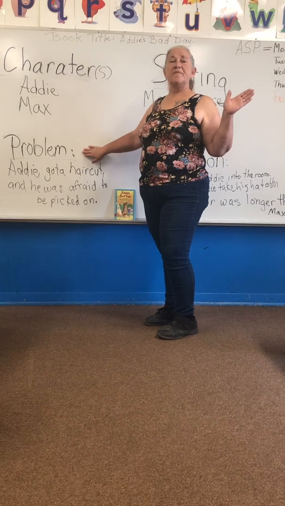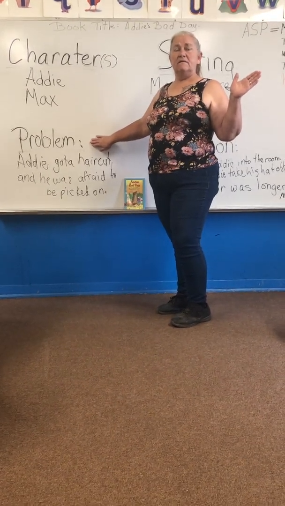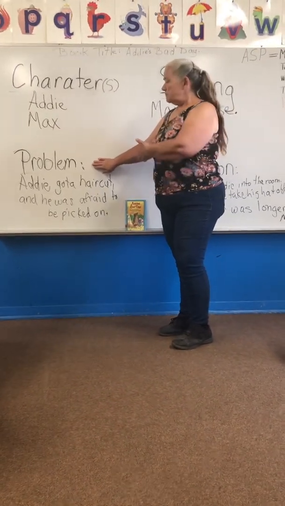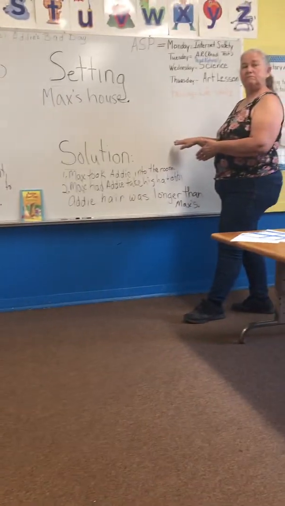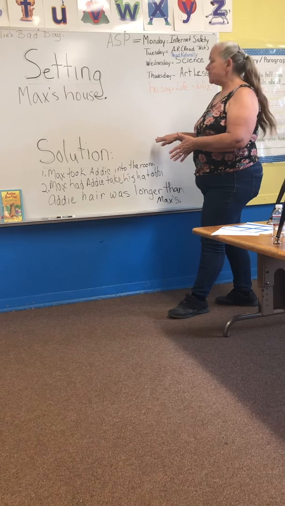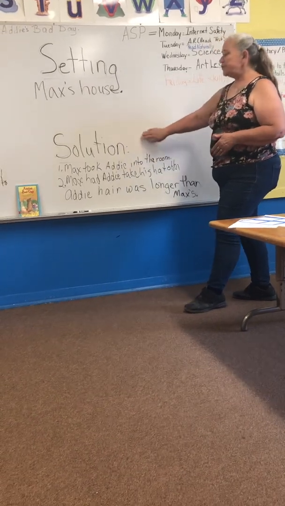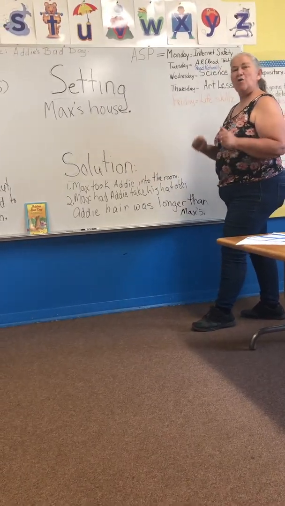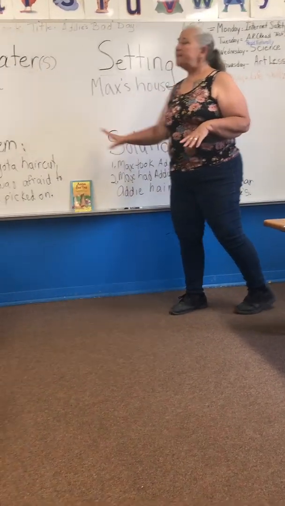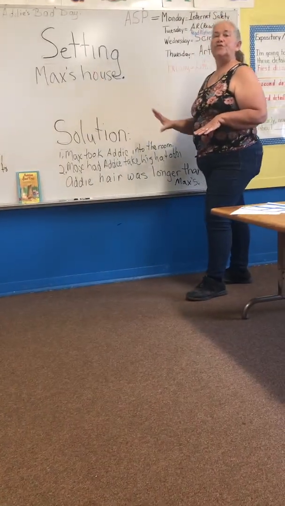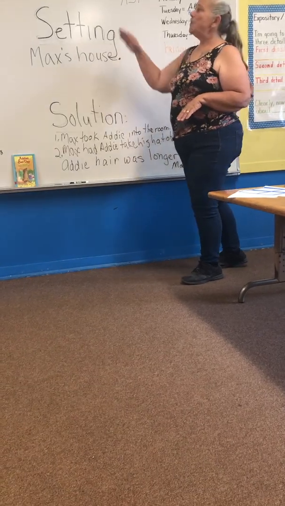What is the story based on? Solution. Key words, key elements here. Solution. How did they fix the problem in the book? It is very important to understand when we do this.